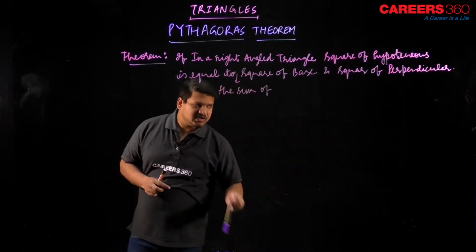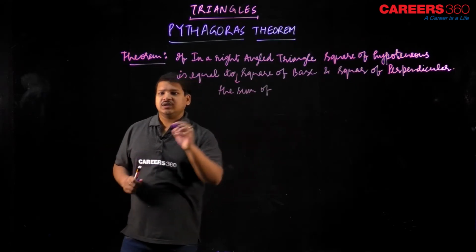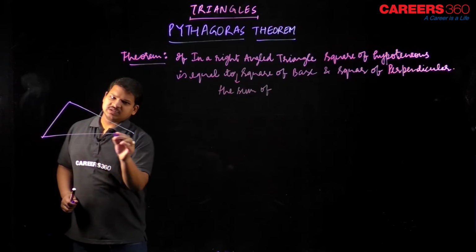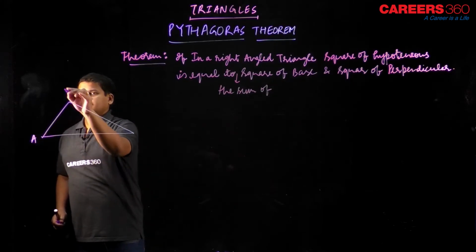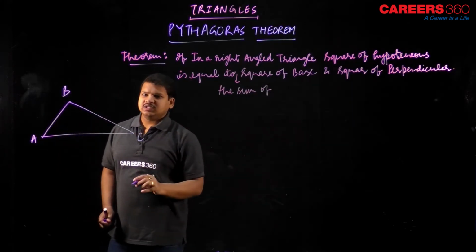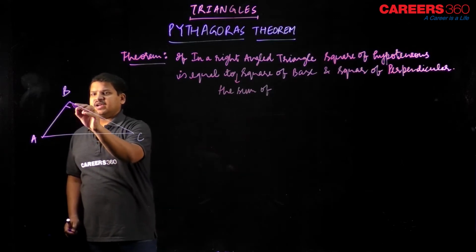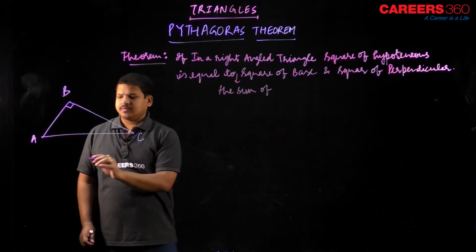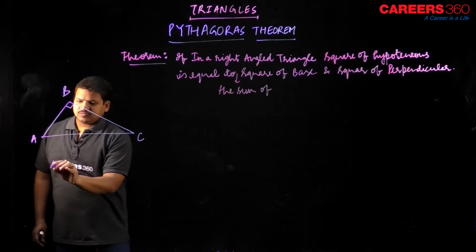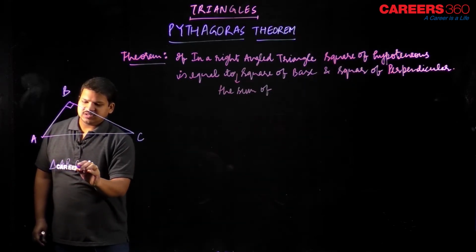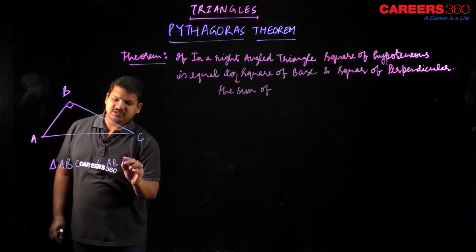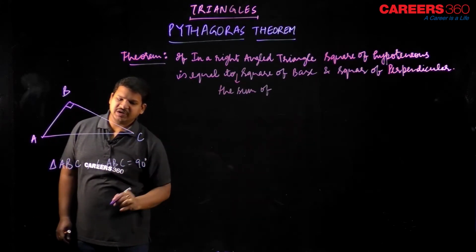So what I mean when I write this is, let's say this is ABC, a right angled triangle, right angled at B. In triangle ABC, angle ABC is equal to 90 degrees.